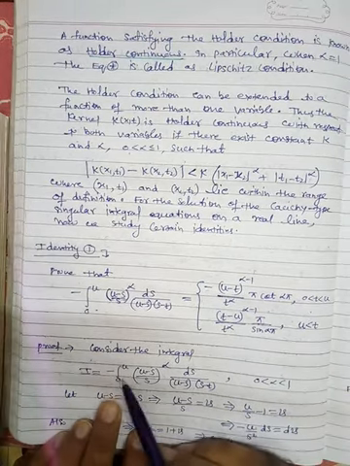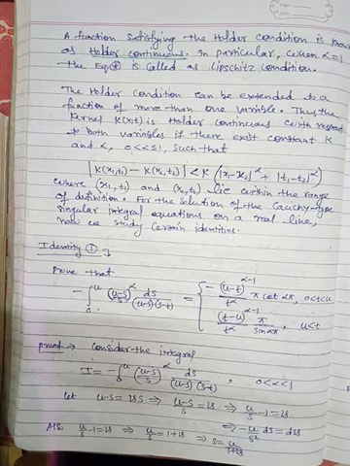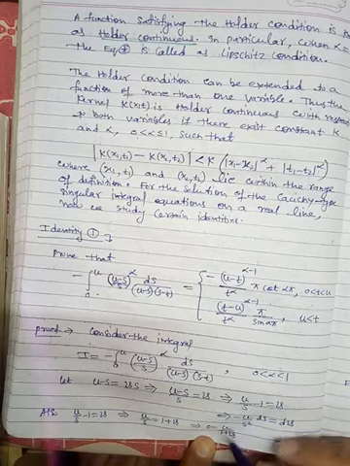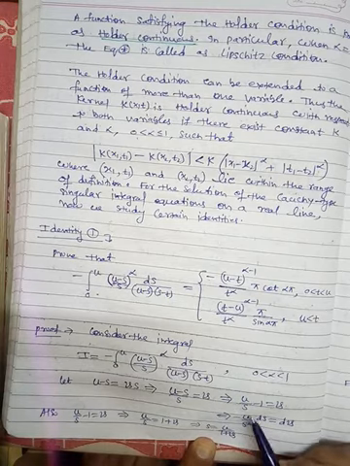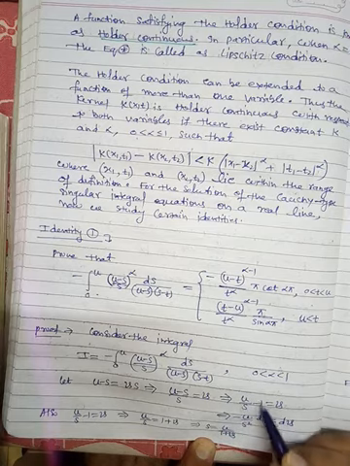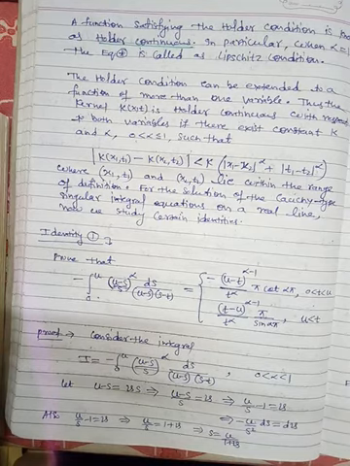When s is 0, what will be the value of v? So from here, when s is 0, you will get u upon 0, that means infinite, minus 1 will be infinite, hence v is equal to infinite.